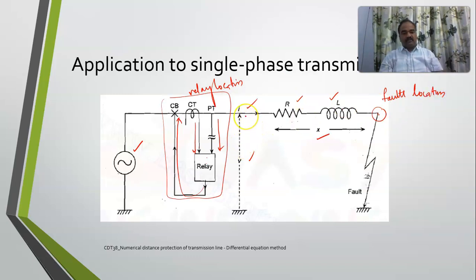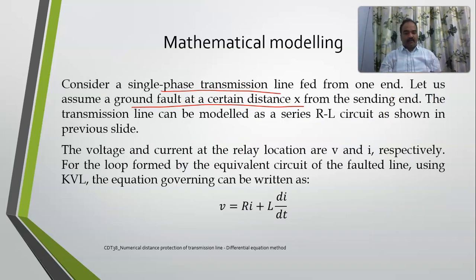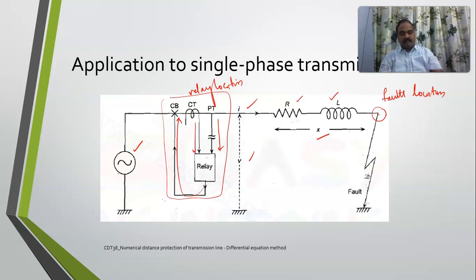At the relay location, my voltage and current are V and I. Since it is a fault, that line will be directly grounded. So you know about KCL and KVL, right? I'll apply the KVL.